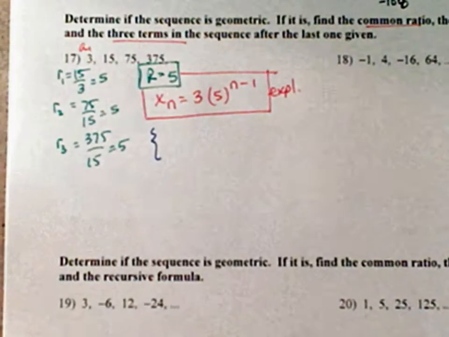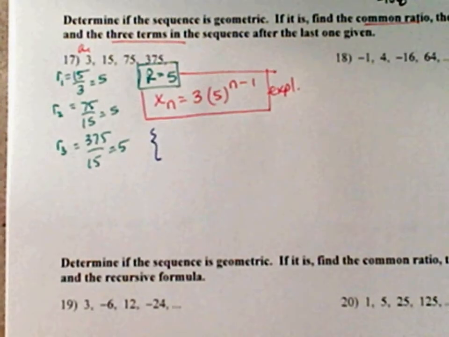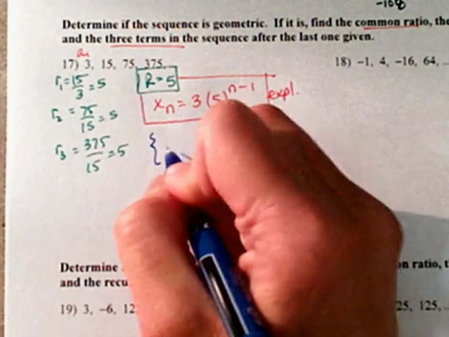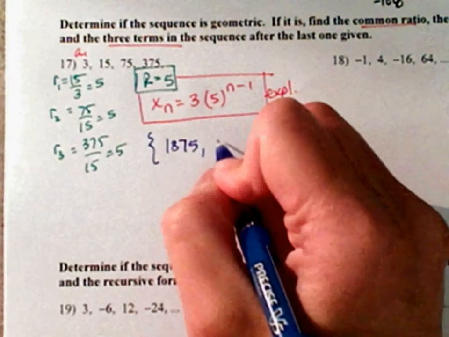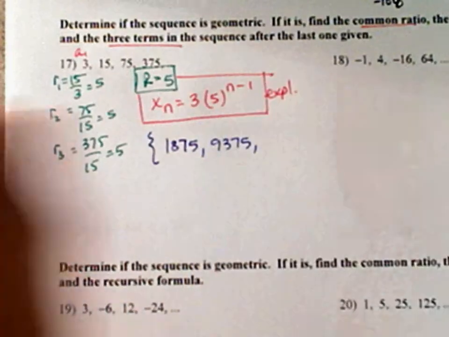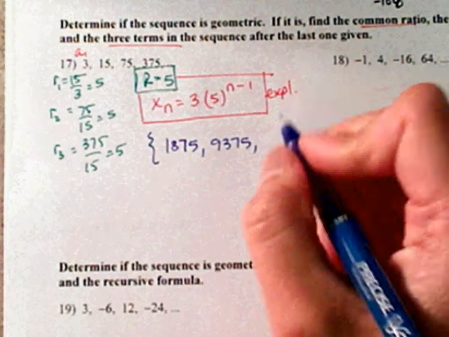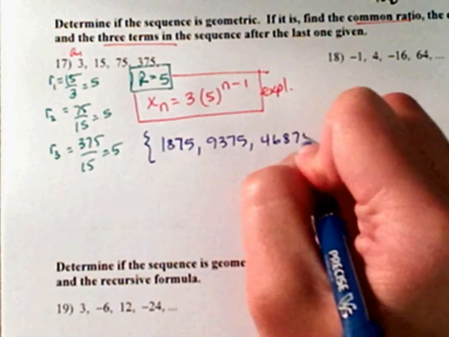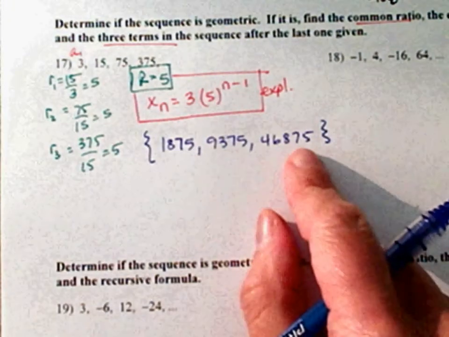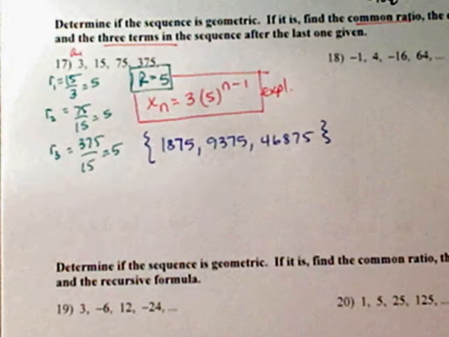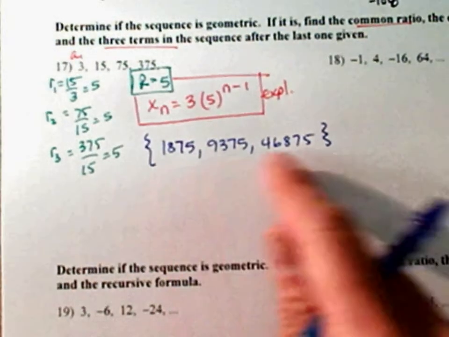So you're going to take 375 times 5, which gives you 1875. Times it by 5, so you get 9375. Times it by 5, so you get 46,875. Please don't put a comma in there, because if you put a comma, you can't tell which one goes where, really. Okay? So just write it out as this series.